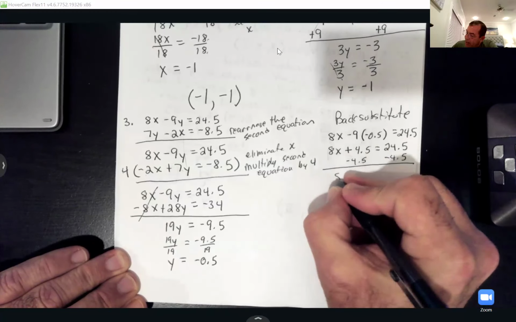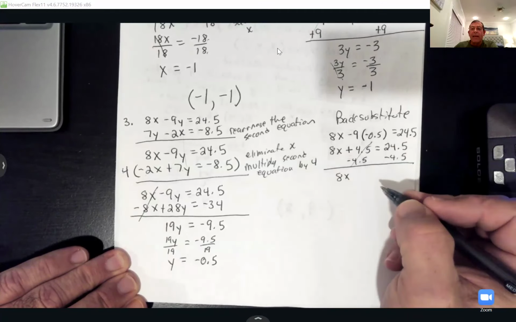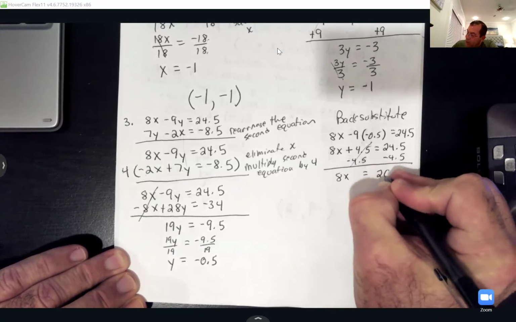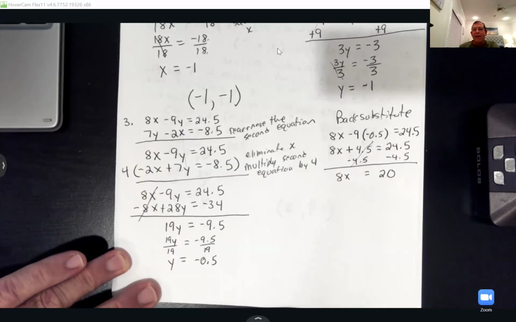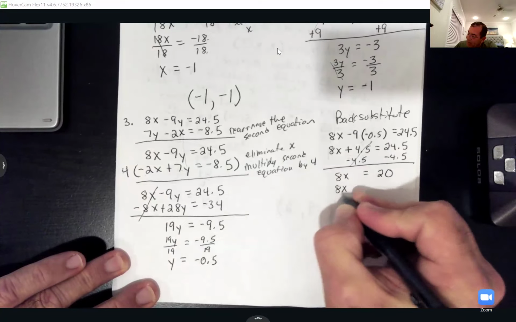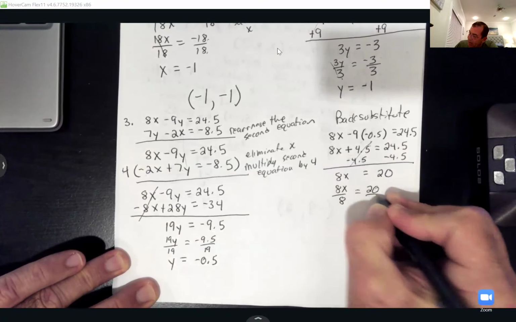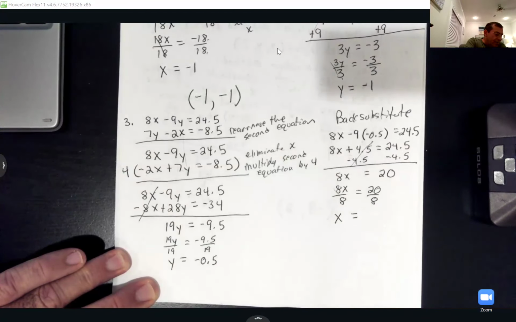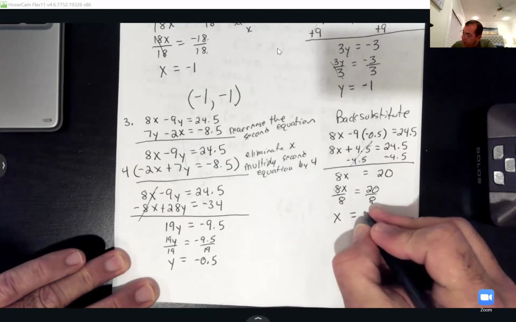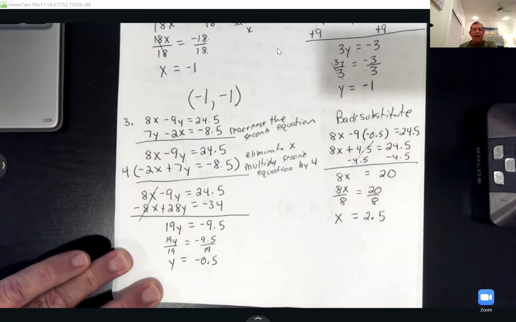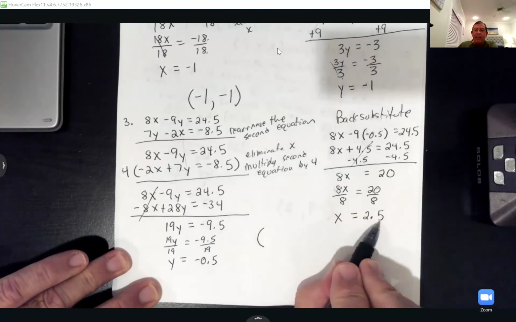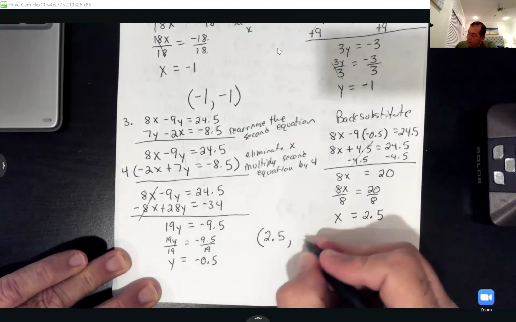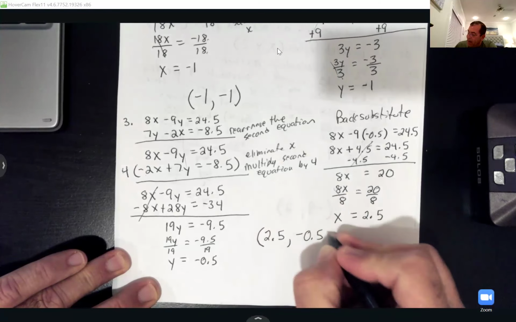Y'all look at that, that brings down my 8x. The 4.5's cancel, and 24.5 minus 4.5 is 20. That step, divide by 8. That cancels, giving me my x. 20 divided by 8 gives me a positive 2.5. So for this one, my x value was 2.5, and my y value, negative 0.5.